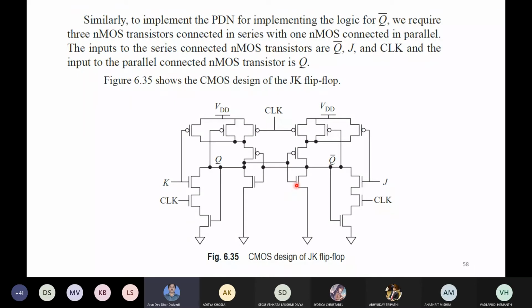Q is taken here directly, and then obviously there will also be a dual network.